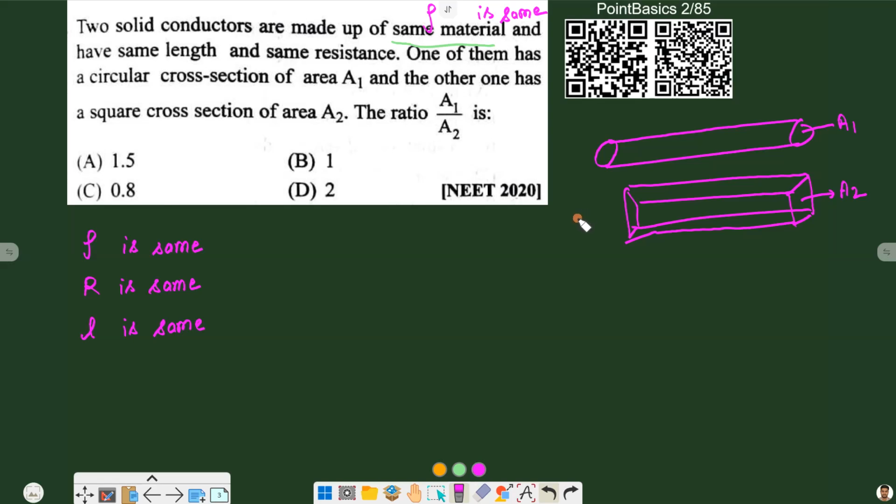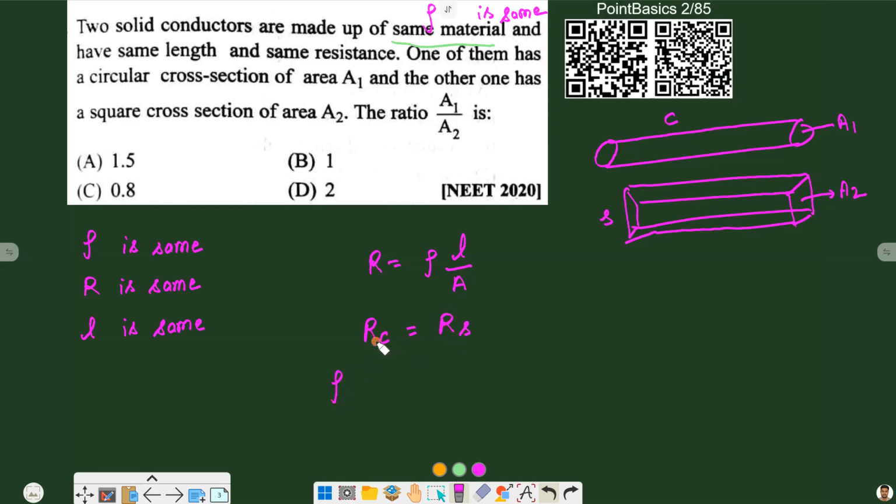So for this, what we will do here, we will first write the formula for resistance, and we know that resistance is rho times L by A. Now here when we have a circular cross section, we will denote it as C, and another we have square cross section, so we will denote as small s. So resistance of circular cross section is equal to resistance of square cross section.